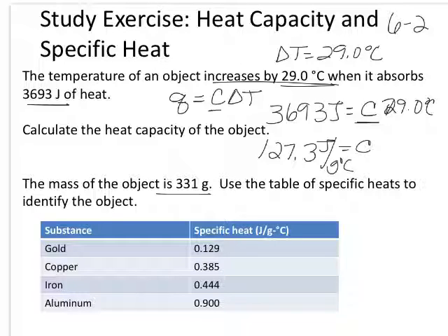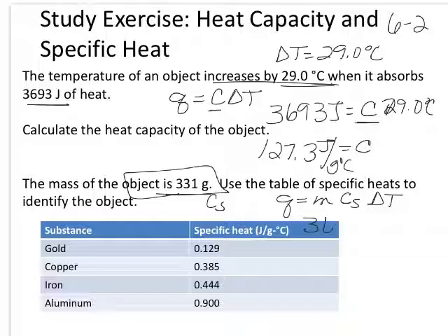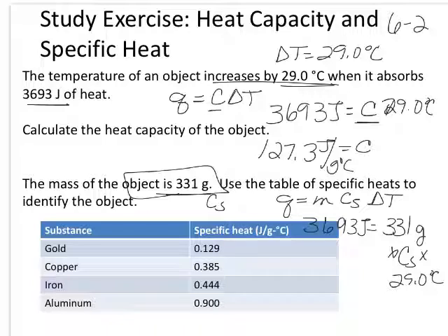Now here, they want you to calculate a specific heat, and they give you the mass. So you want to use Q equals M times your specific heat times your delta T, and you're going to put in 3,693 joules equals 331 grams times Cs times 29.0 degrees Celsius.